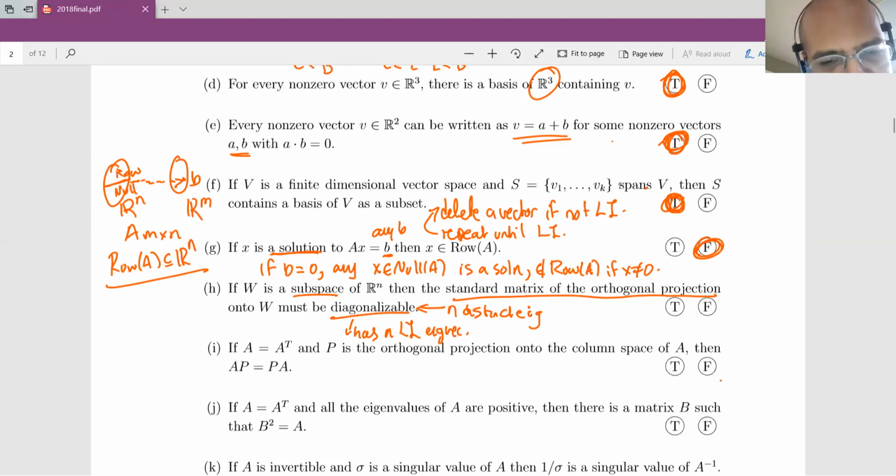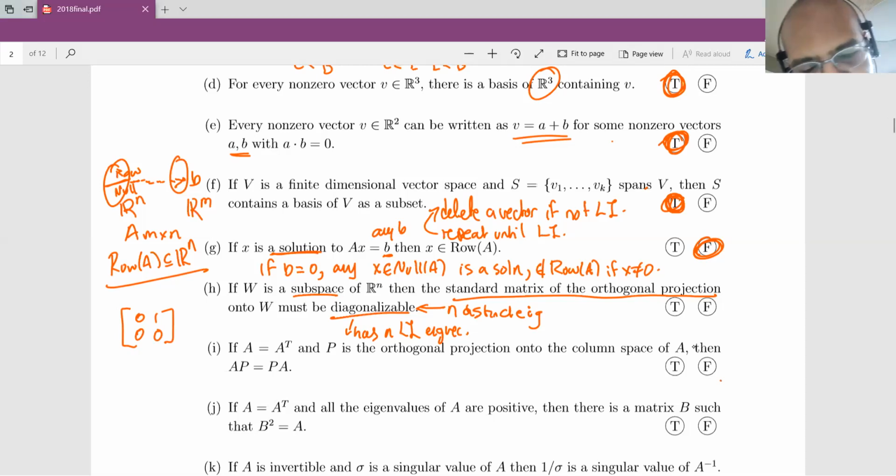What condition is that? Is it if it's square? Square is necessary to be diagonalizable, but square doesn't imply diagonalizable. Our favorite non-diagonalizable matrix is square, and it's not diagonalizable.